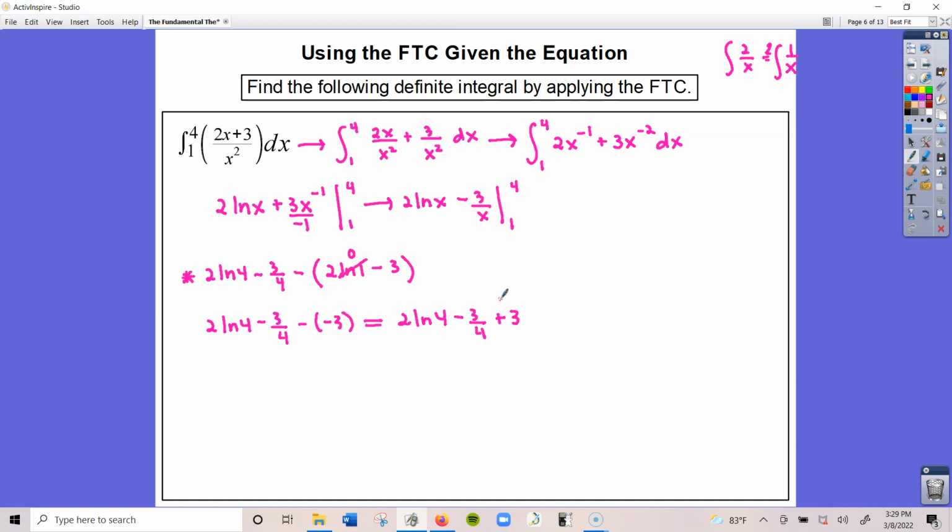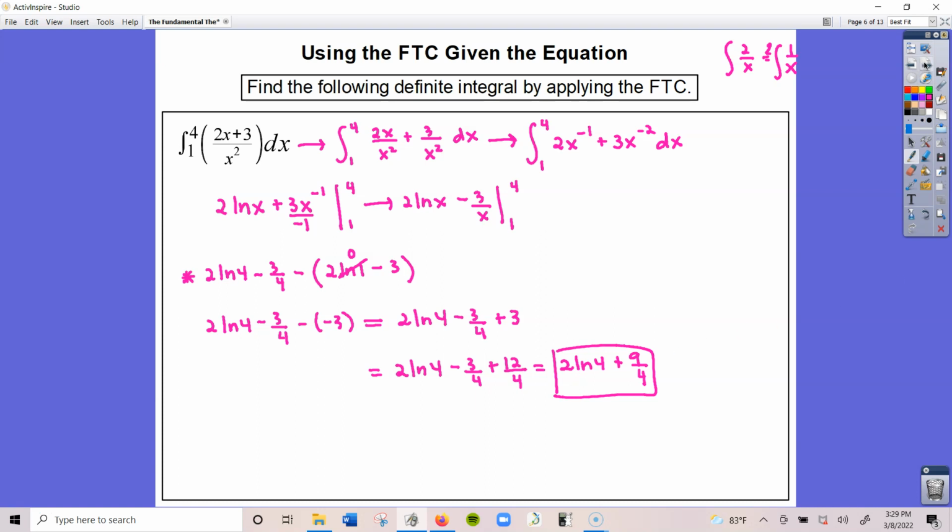But I do want to combine this, so I'm going to rewrite this as 2 ln of 4 minus 3 over 4 plus, I want to put this over 4, so that'll be 12 over 4. And so my final answer would be 2 ln of 4 plus 9 over 4. So that's using the FTC.